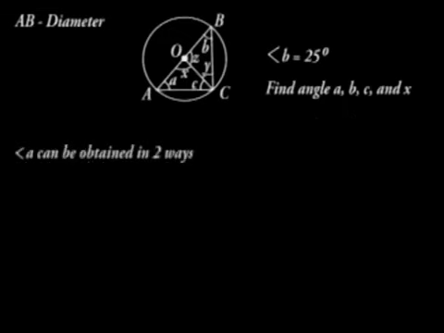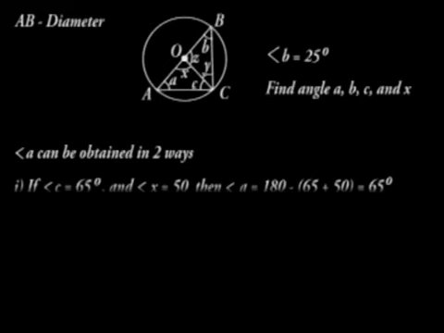Angle A can be obtained in two ways. One, if angle C is 65 and angle X is 50, then angle A is 180 minus (65 plus 50), which is 65. That is total angles of a triangle.